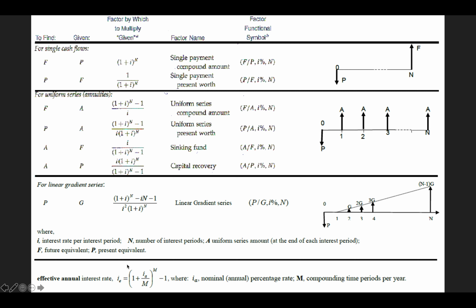Then 1 plus 1%, raised to the power m, minus 1 gives you the effective annual rate. And the effective rate is always bigger than the nominal rate. That's what we talked about.